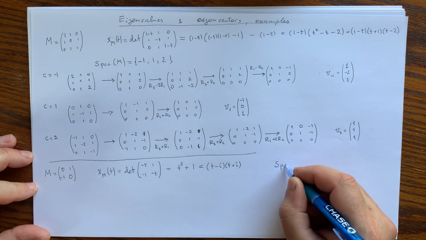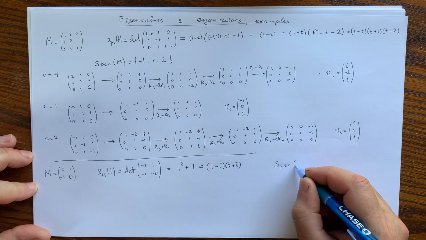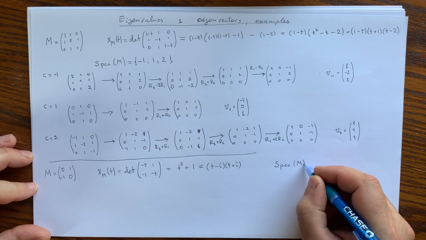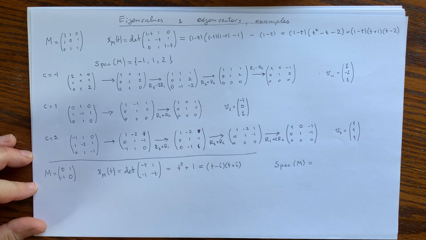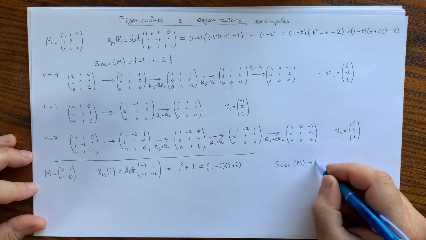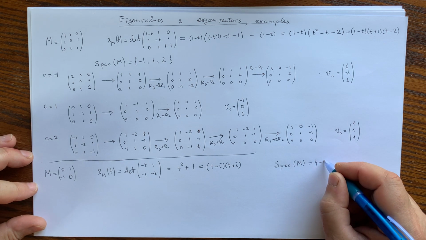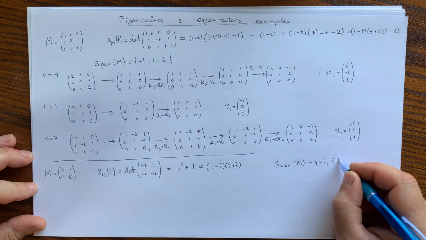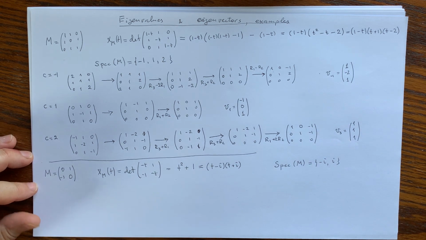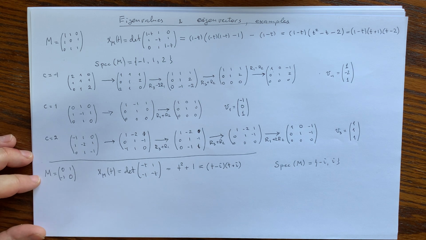The eigenvalues are, so now we don't have a natural order. Complex numbers are not really ordered, but we still can write them as, say, minus i, plus i, going along the imaginary line bottom up. And then for each of these eigenvalues, we should be able to find corresponding eigenvectors.